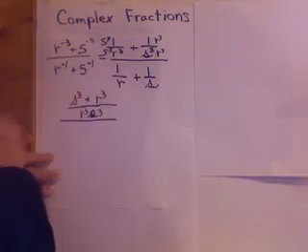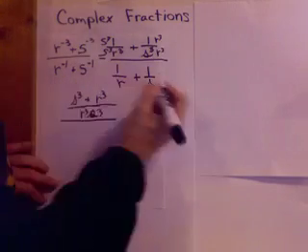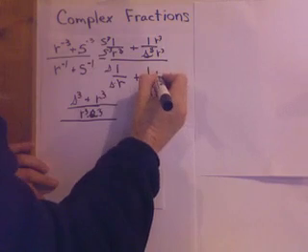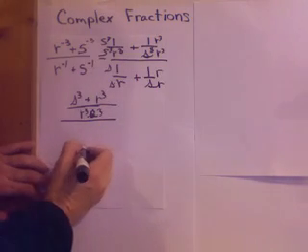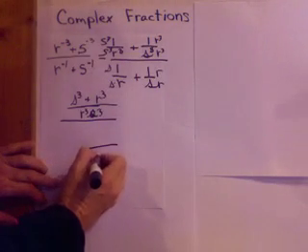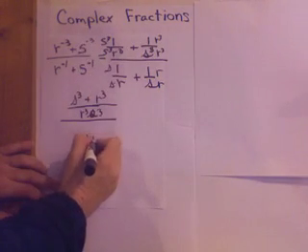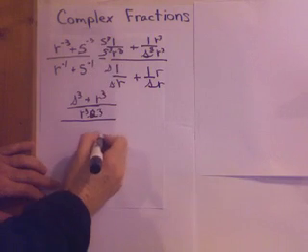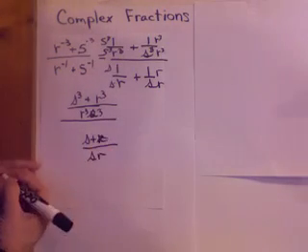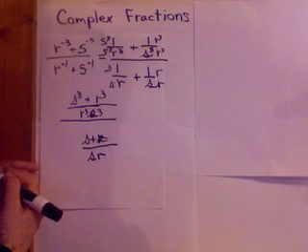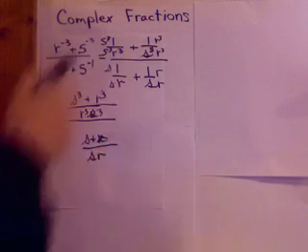Let's do the bottom. To add these together, I need a common denominator. rs will work. Multiply this by s, this by s, this by r, this by r. So now I can write the bottom as one fraction, s plus r on top, over sr. Now, at this point, I wonder if I can rewrite it as a division problem.